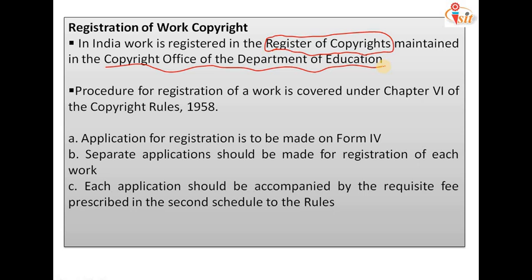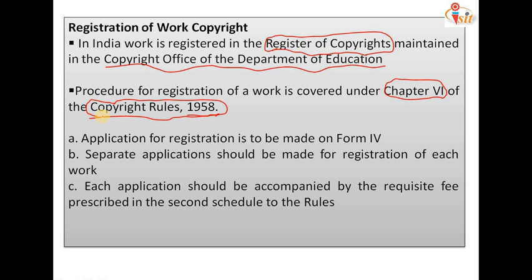So in India, the copyright work is registered in the Register of Copyright, which is maintained by the Copyright Office of the Department of Education. The procedure for registration of work is given in chapter 6 of the Copyright Rules of 1958, which was published in 1958.